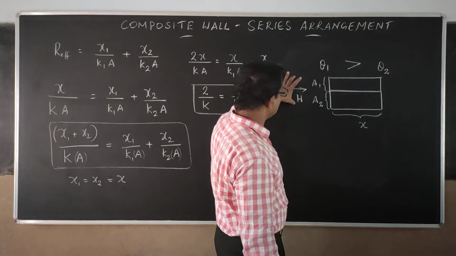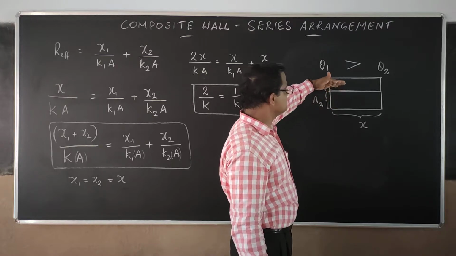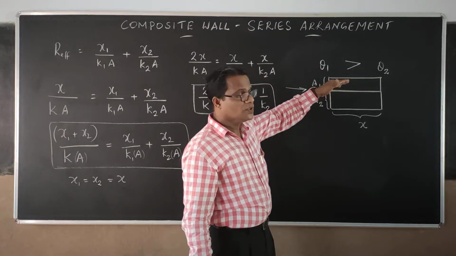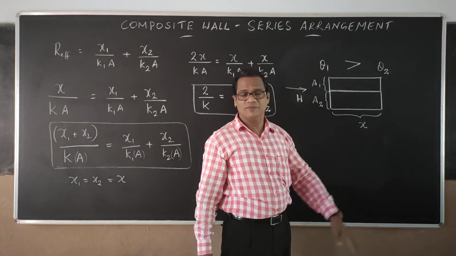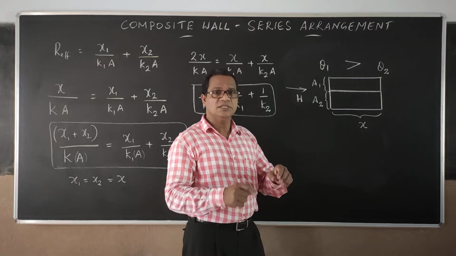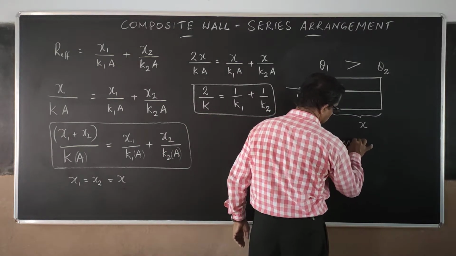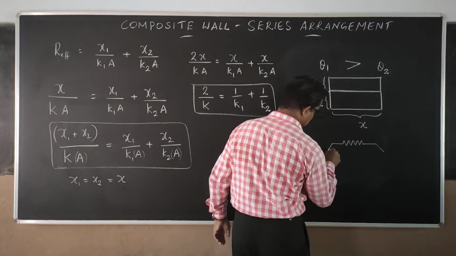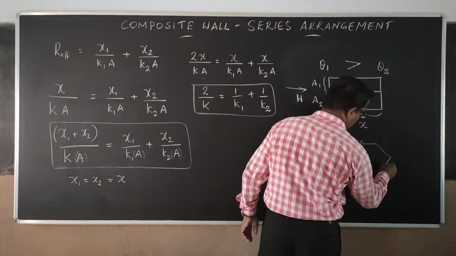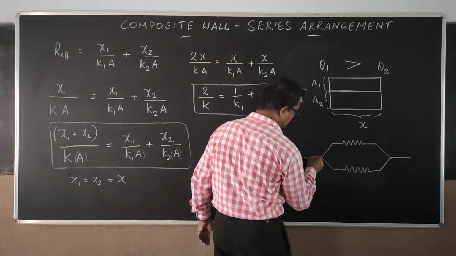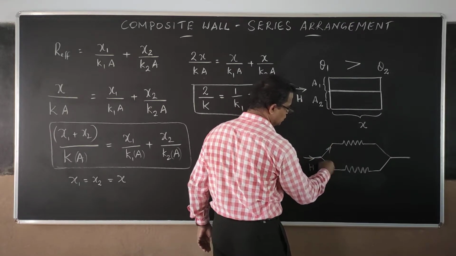As the heat current reaches here, it gets split. One part goes through the upper side and the other part goes through the lower side, as in a parallel combination of resistances. The heat current reaching here is getting split into two.